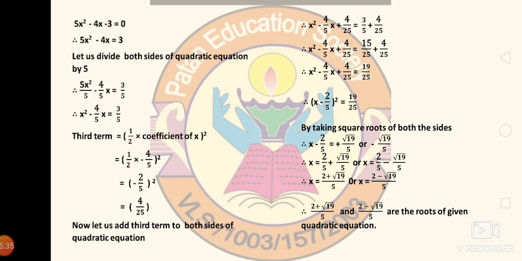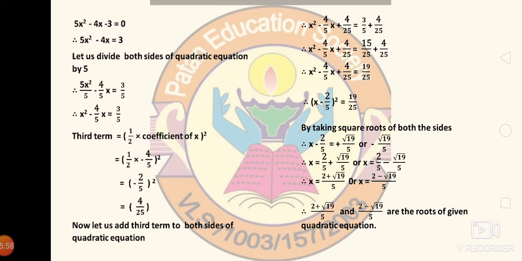Don't do addition or subtraction with that 25, which is the same denominator. So the step will become x square minus 4 by 5x plus 4 by 25 is equal to 19 by 25.